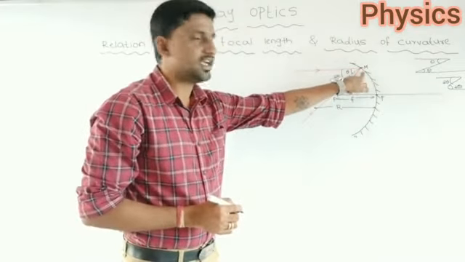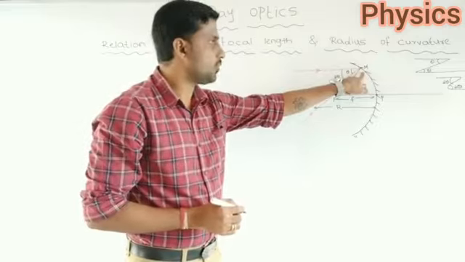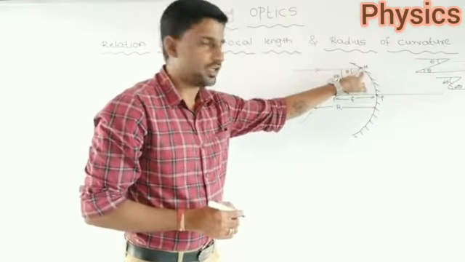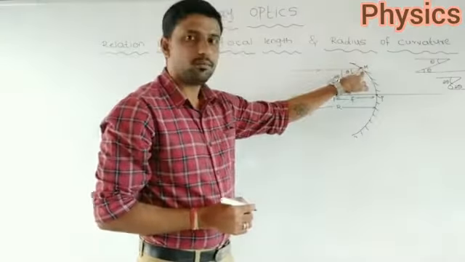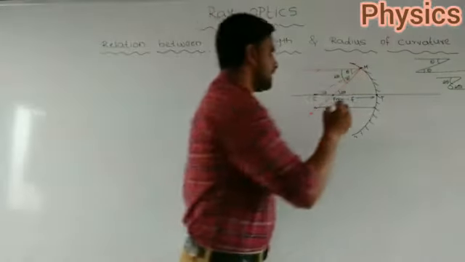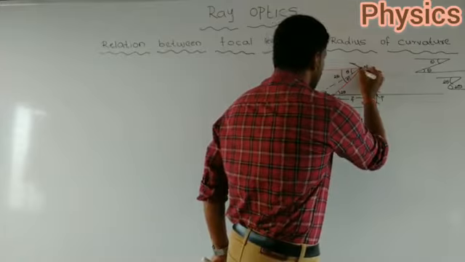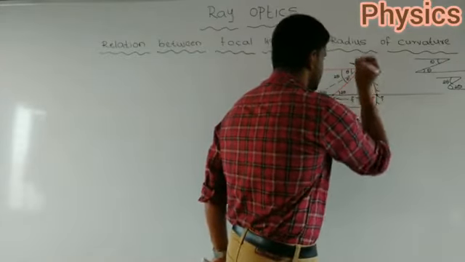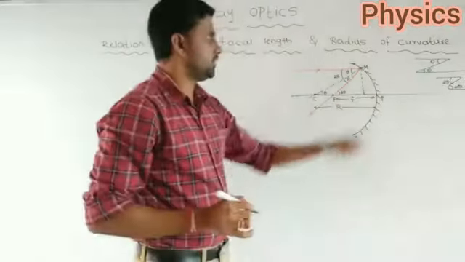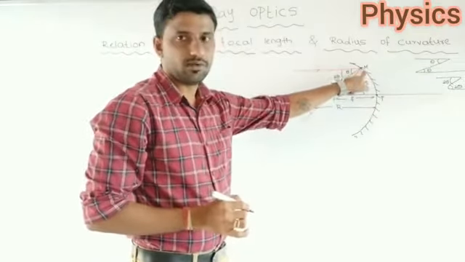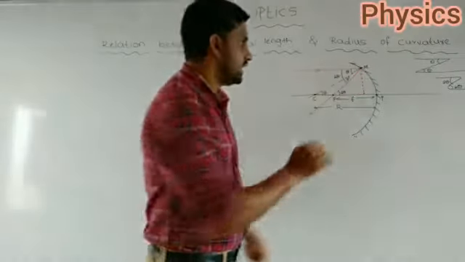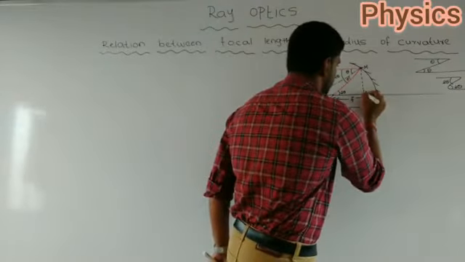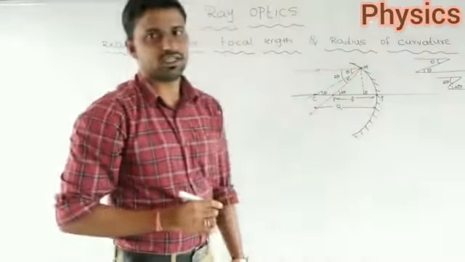That point I am taking as M. From that point I am taking one line, that line is perpendicular to the principal axis, like this. So that line is MD.